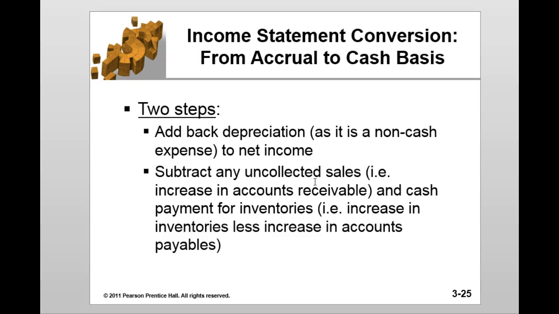Cash payments for inventory, which is an increase in inventory. If we increased inventory, we would have to subtract that out of the net income, as we would have to decrease the money, with an increase of accounts payable. So those two are kind of matched together.